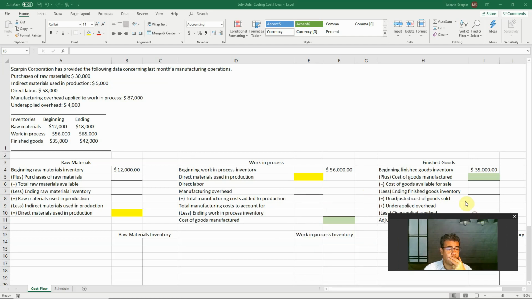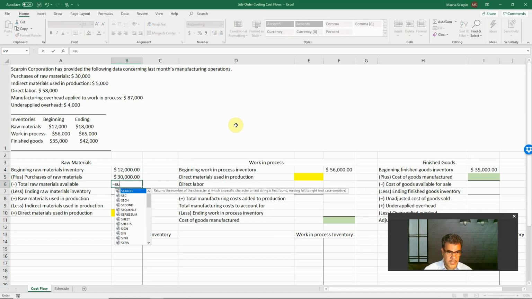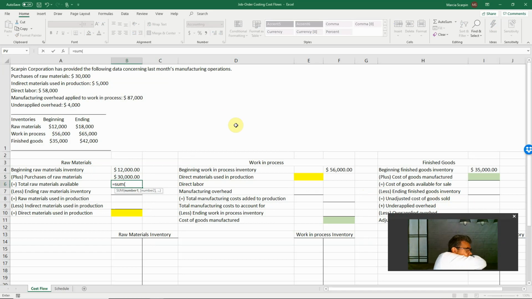So let's start with the raw materials. Beginning inventory, 12. Purchase of raw materials, 30. Equal total raw materials available. So equal sum, 30 plus 12, 42. Less ending inventory.